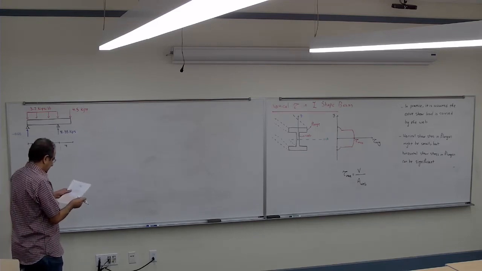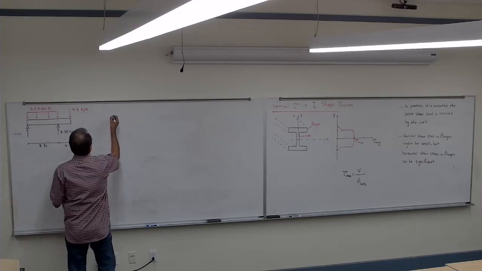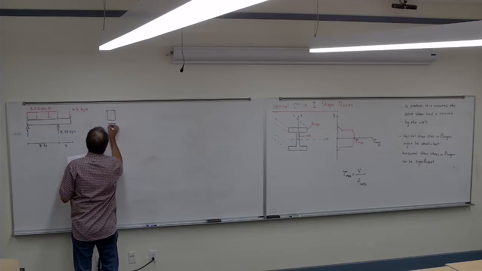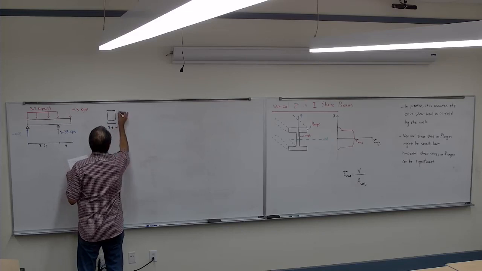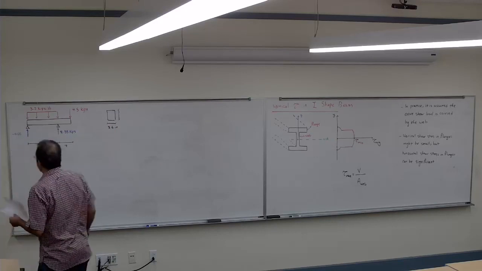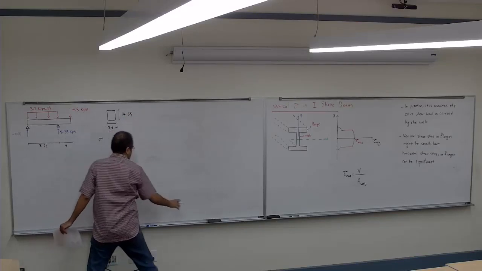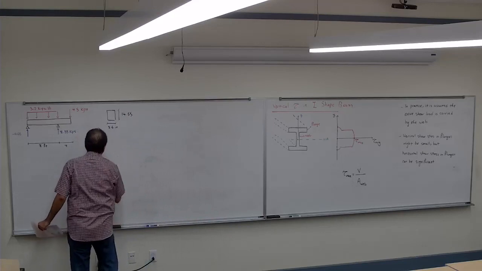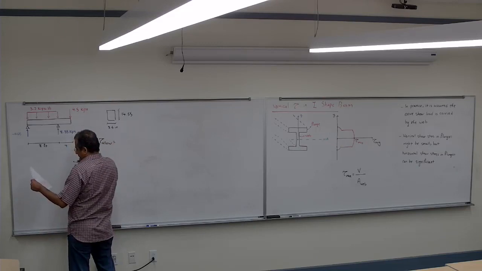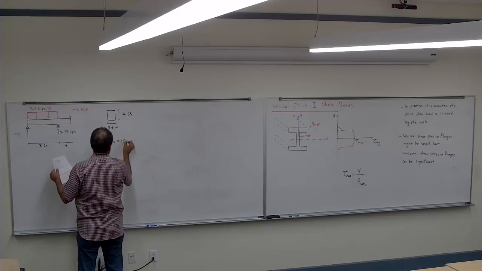When we did the design, we came up with a cross section that was 3.5 inch wide and the height was 14.55, and the tau allowable was 4.25 ksi.